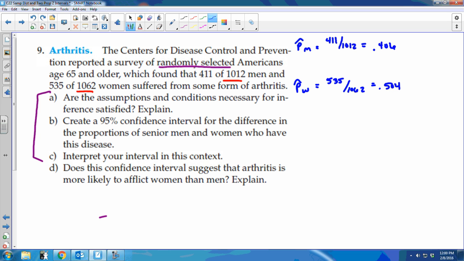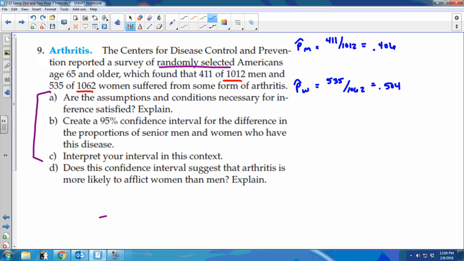Or they give these to you as counts. Right? They tell you 411 of them have arthritis. So you could just write 411 and then subtract 411 from 1,012 to get the number of failures. Does that make sense? You don't have to multiply if you already have the counts given to you. Same thing for the women.